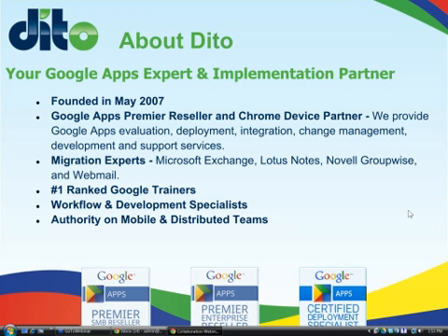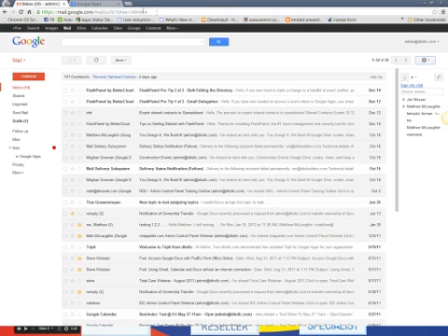You can reach me via email, dan.edmondson@didoweb.com, that's E-D-M-O-N-S-O-N. Or you can go directly to our website and either request information or request what we call a test drive that would allow you to sample Google Apps outside of your current domain.